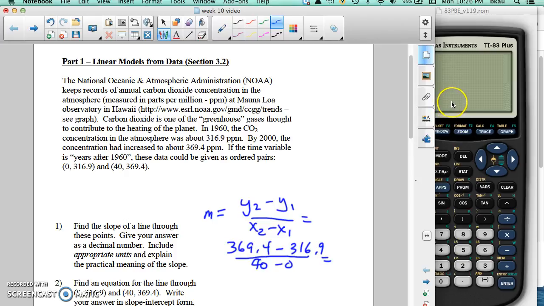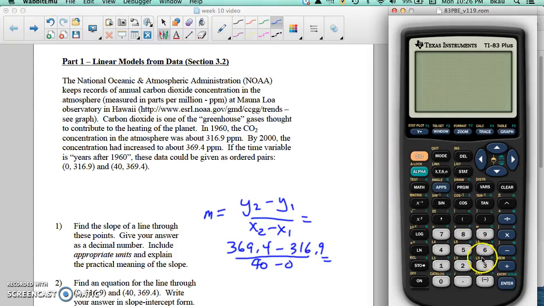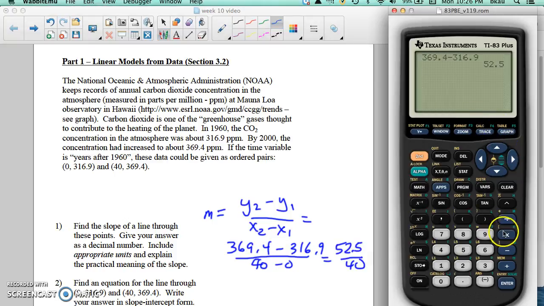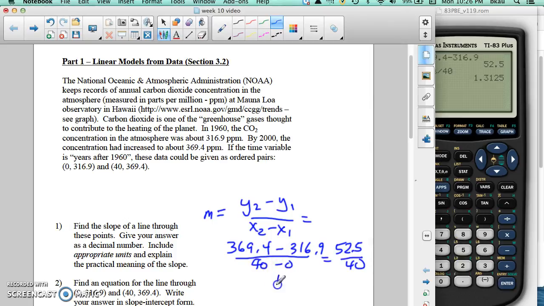So let's look at that. 369.4 minus 316.9, we have 52.5 divided by 40, which is 1.3125.